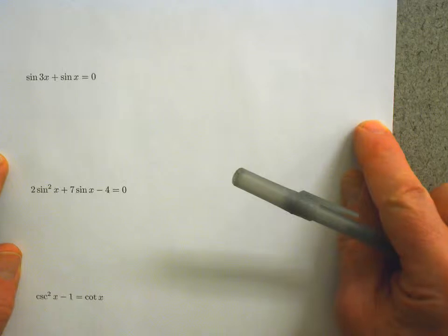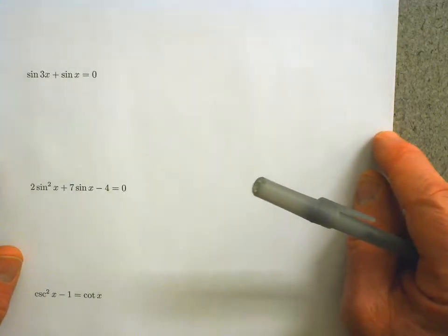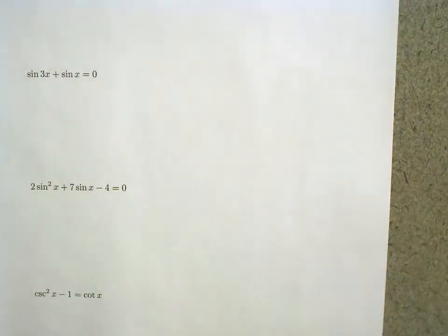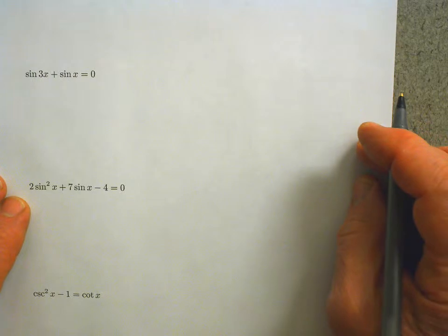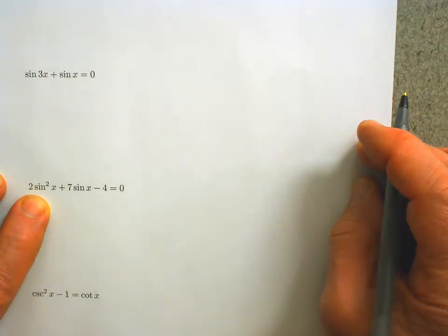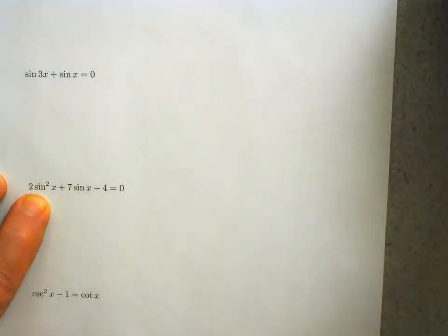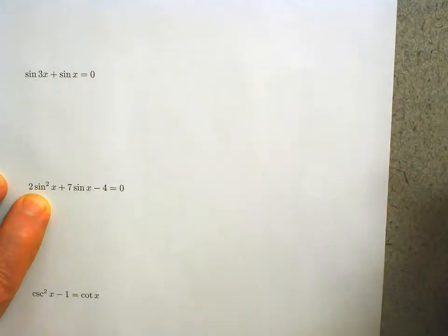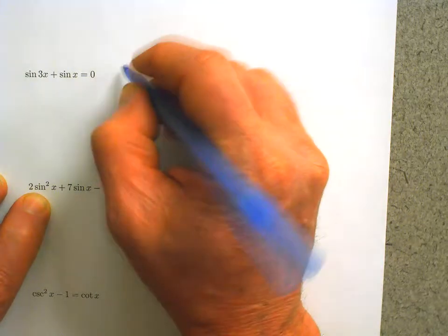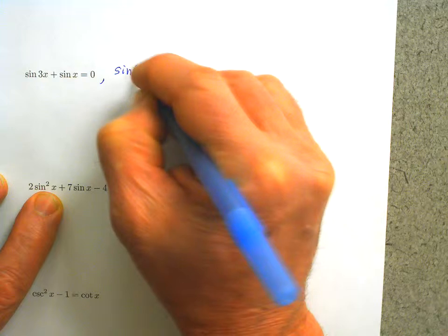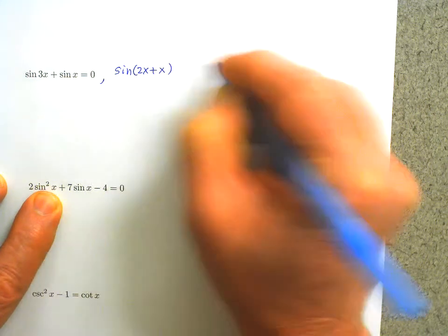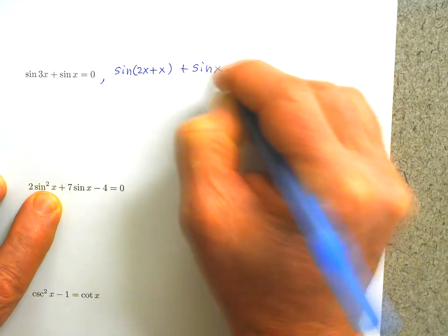Okay, in the next example, next equation, sine of 3x plus sine of x equals 0. So that looks familiar. Did we solve that one already? Well, it doesn't hurt to practice. Think of sine of 3x as sine of 2x plus x, and then plus sine of x equals 0.